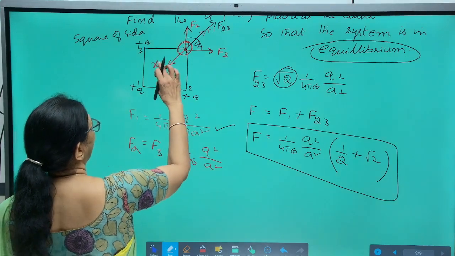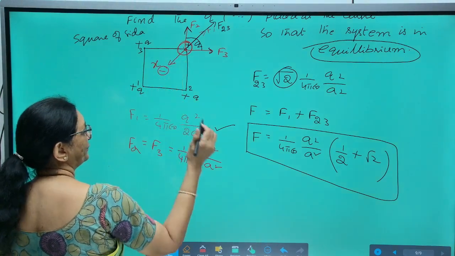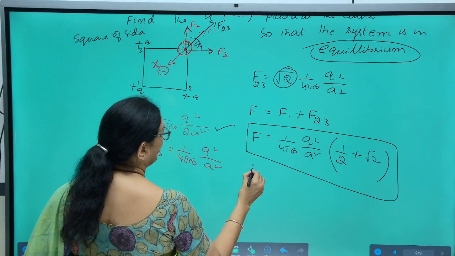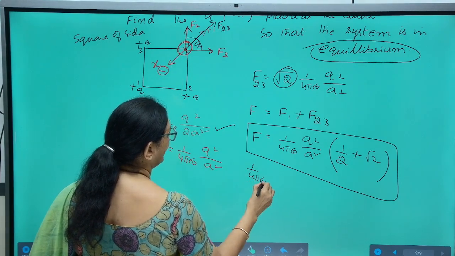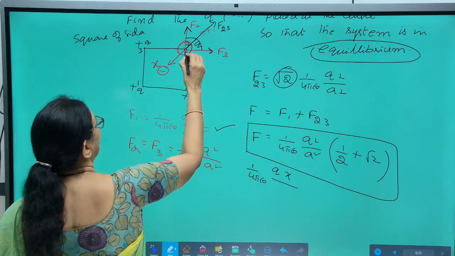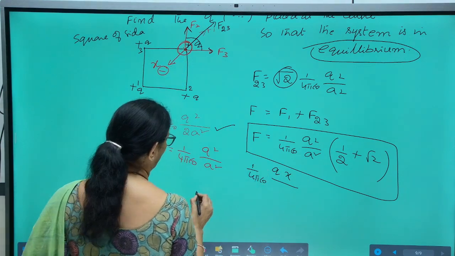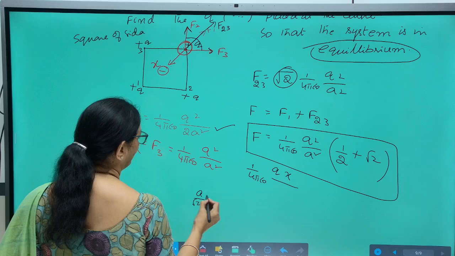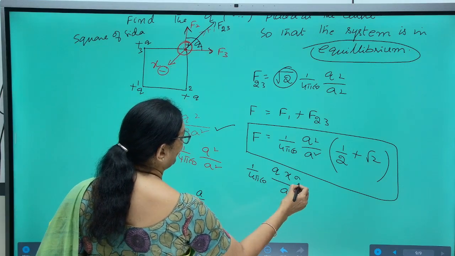Now, let us find the magnitude. The force between these two is 1 by 4 pi epsilon naught q into x by the distance between the corner and the center of the square, a by root 2 whole squared, that is a squared by 2.